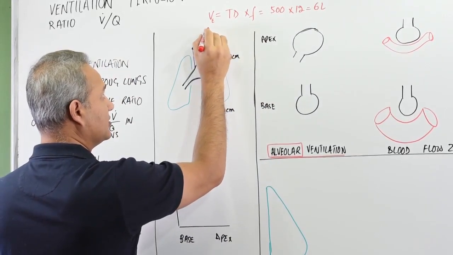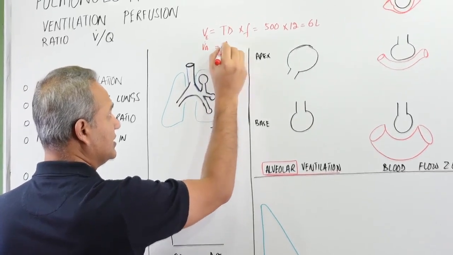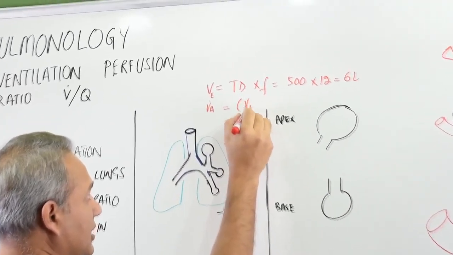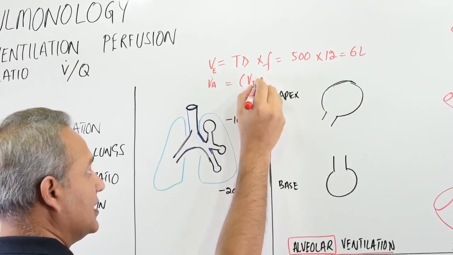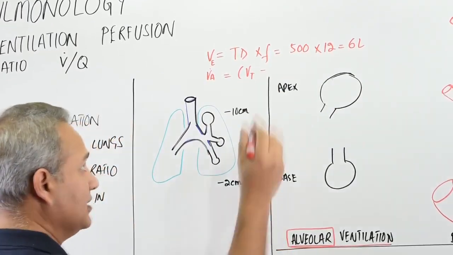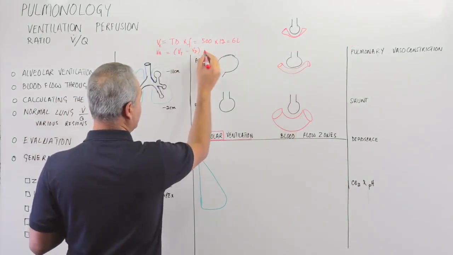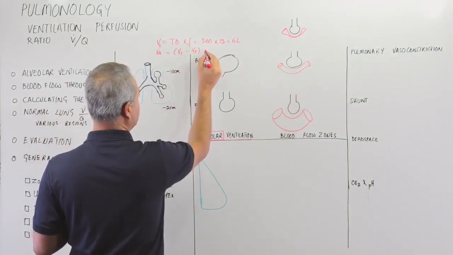Alveolar ventilation is the tidal volume, subtract the dead space. You know that normally about 150 ml is the dead space. So volume tidal minus volume dead space, and then multiply it by the frequency.